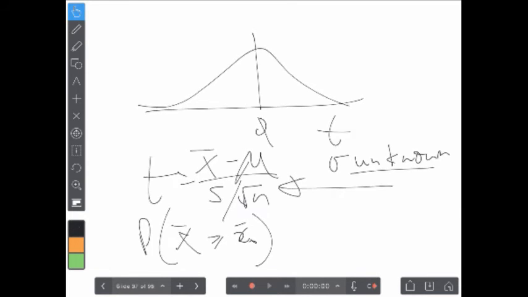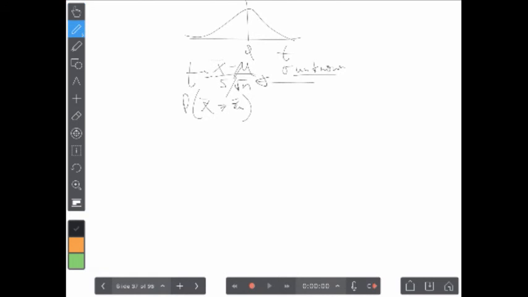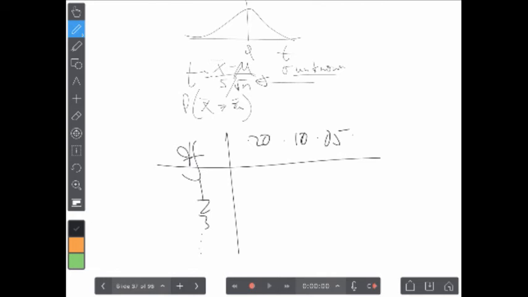Now, unfortunately for us, in our table, we have a limited range of probabilities that we could find. Because remember, the way the table goes is that we have the degrees of freedom, 1, 2, 3, and so on. And then we have areas in the tail, 0.2, 0.1, 0.05, 0.025, 0.01, 0.005.